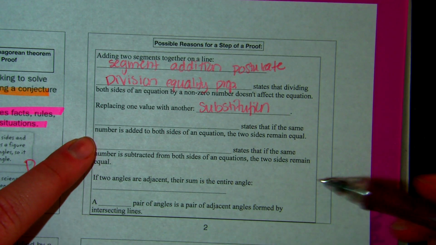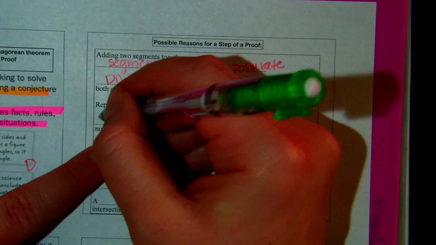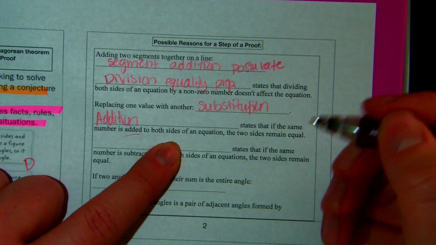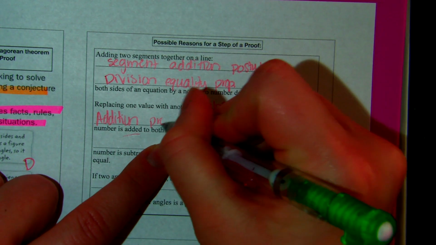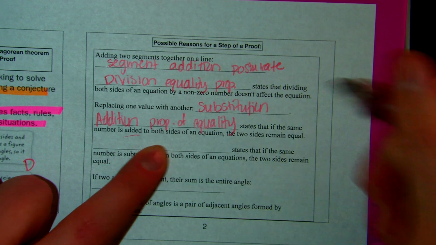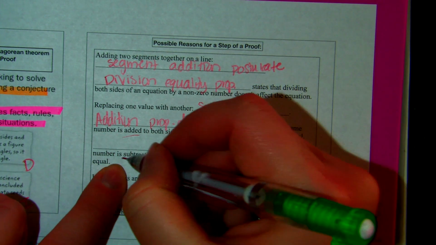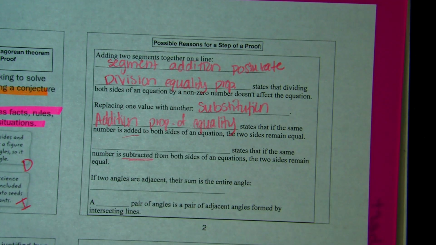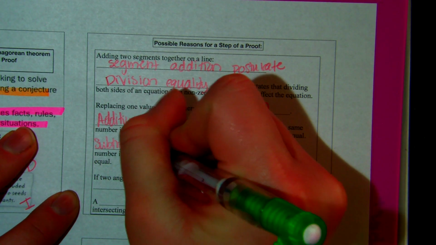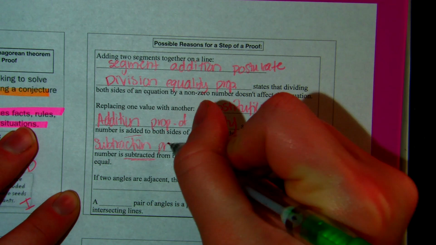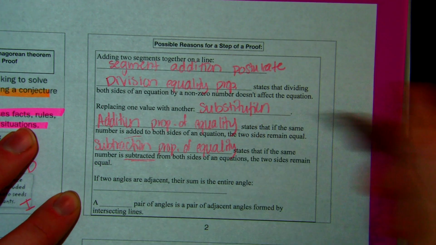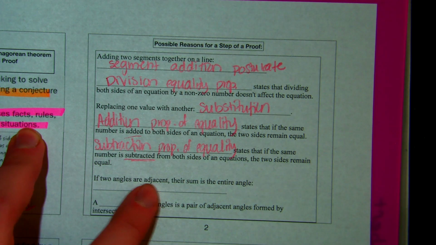States that if the number is added, so this is the addition property of equality, states that if the same number is subtracted, so the subtraction property of equality, if 2 angles are adjacent, their sum is the entire angle.